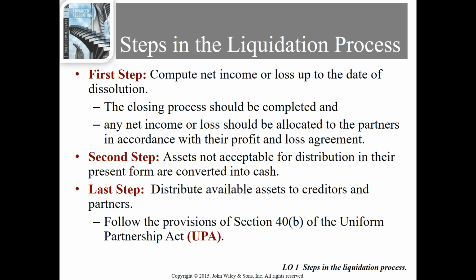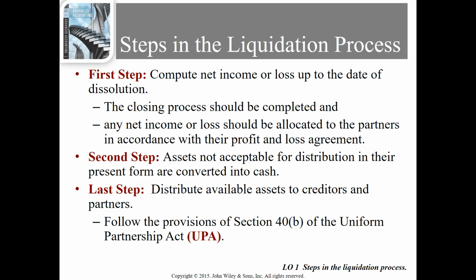So, steps in the liquidation process. What we're going to see by a schedule is that the first step is always to determine the net income or net loss up to the date of dissolution. The closing process should be completed for the year, so everything is posted in the general ledger, and any net income or loss should be allocated to the partners in accordance with their profit and loss agreement.